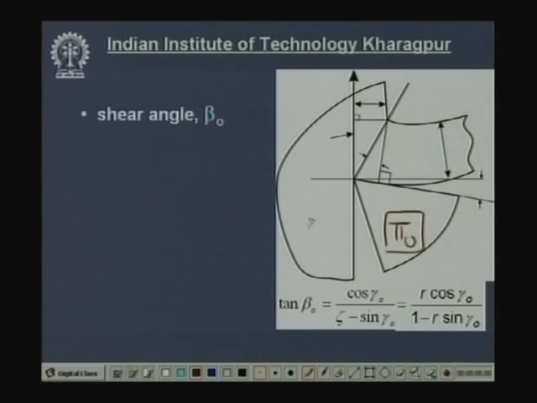This is the cutting tool, this is the workpiece, this is the cutting velocity, this is the thickness of uncut layer A1, this is shear plane, this is the chip thickness after cut A2, and what is this angle? This is rake angle, you know, and this is clearance angle.